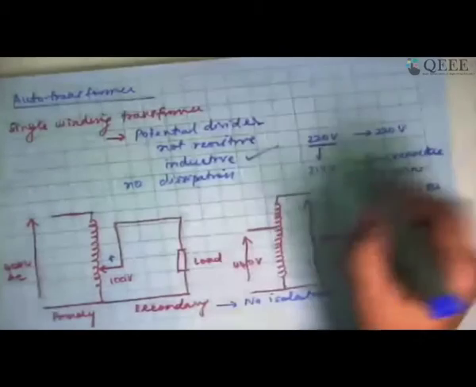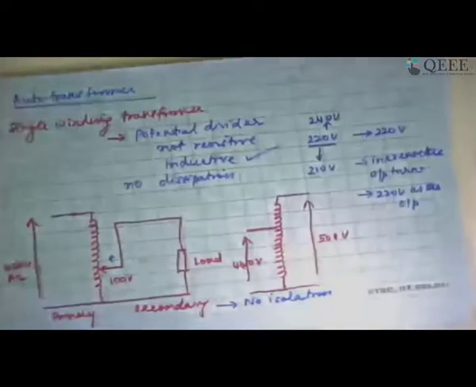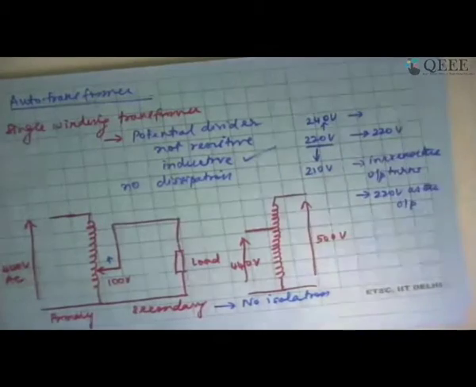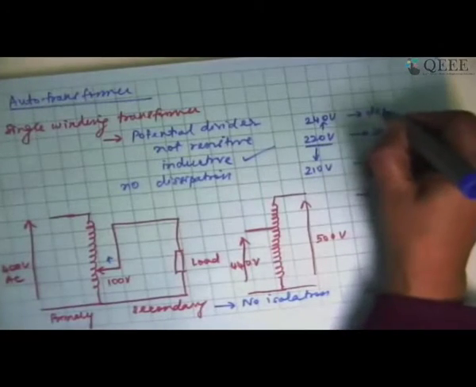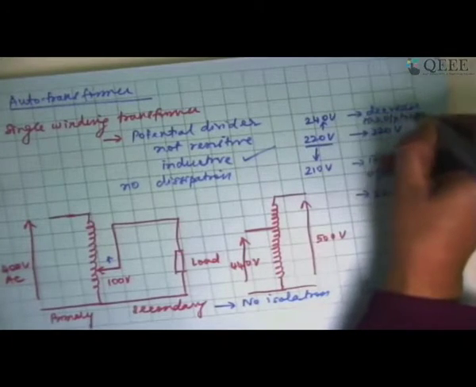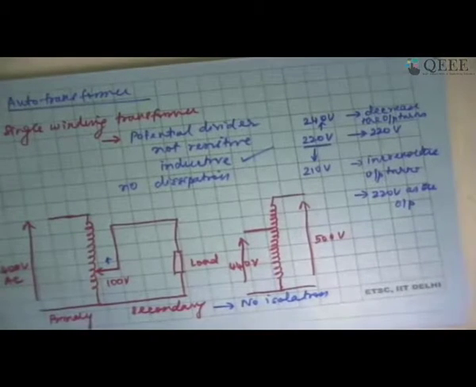Similarly, let's say due to some fluctuation, this is going to 240 volts instead of 220 volts. I still want to get only 220 volts. Then I have to decrease the output turns. Then it will work perfectly fine. I will still get 220 volts at the output.